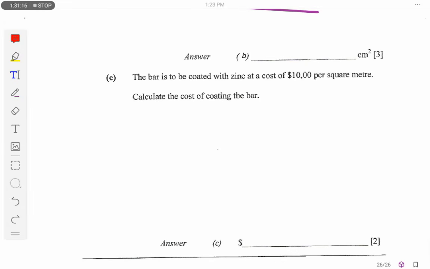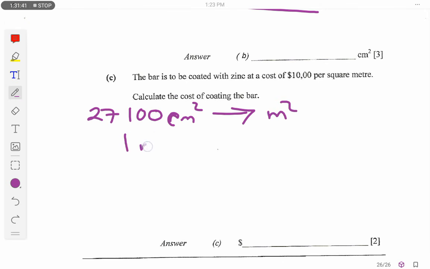Then they are saying the bar is coated with zinc, and the cost per square meter is $10. Our 27,100 centimeters squared is in centimeters. We have to convert it to meters squared, and 1 meter squared is equal to 10,000 centimeters squared.